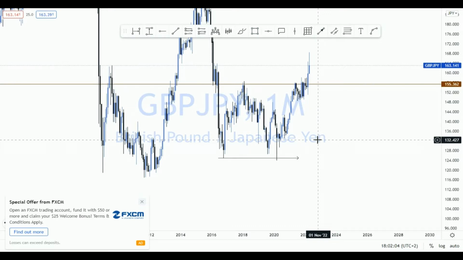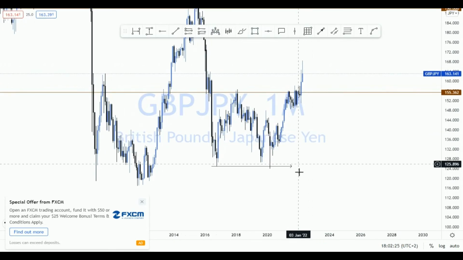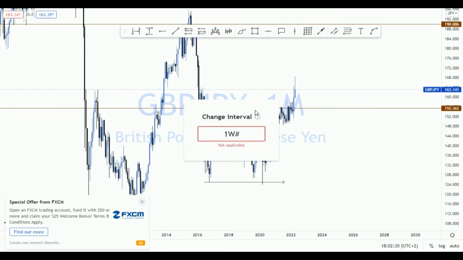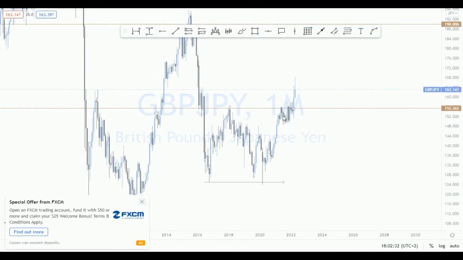Sometimes we need to understand that the industry is not made for retail traders to succeed. Sometimes we as retail traders are there just to provide liquidity to bigger institutions so that they're able to place their orders to reverse the market or even take profit off their positions. Let's just move on to the weekly time frame.